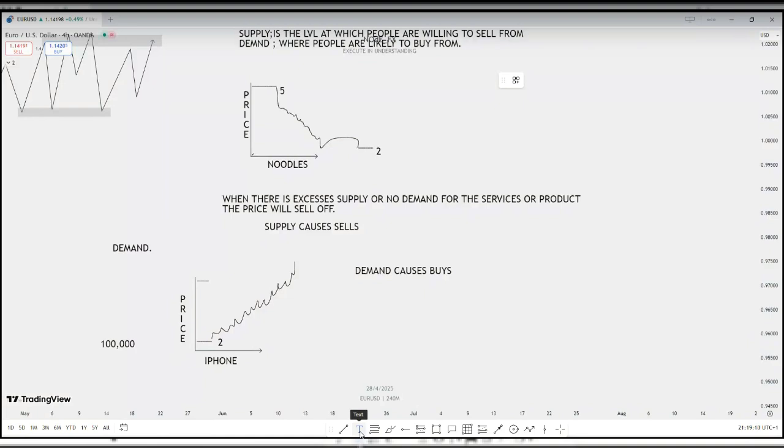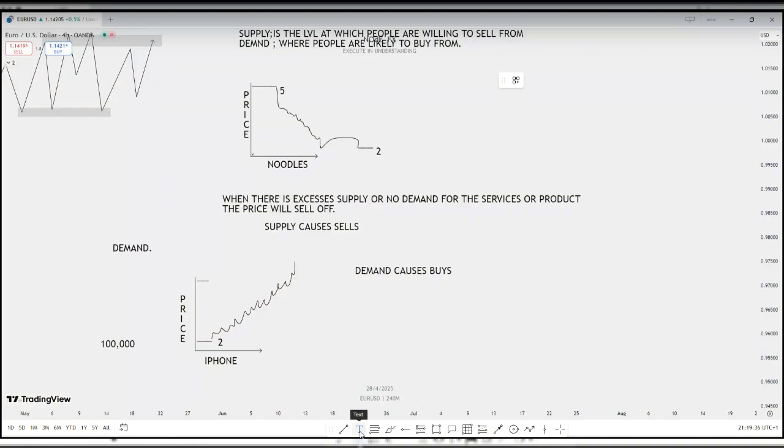Supply, define it for yourself now. Supply is when there's excess product or service in the market for a particular thing. When there's excess of that product in that particular market, it's going to start selling off.